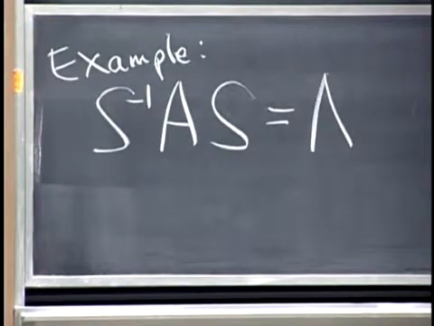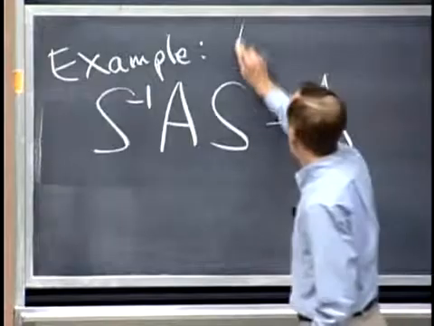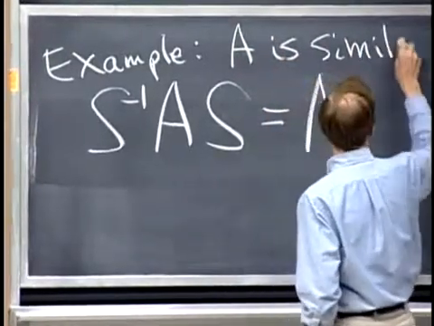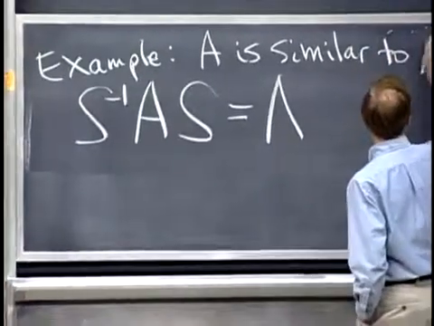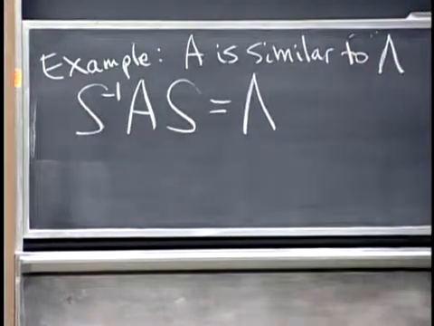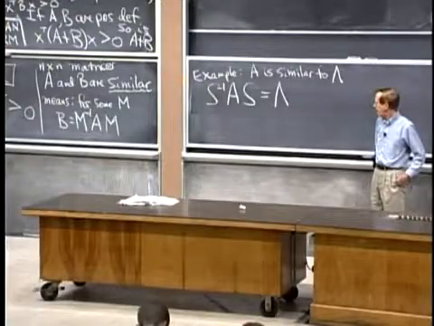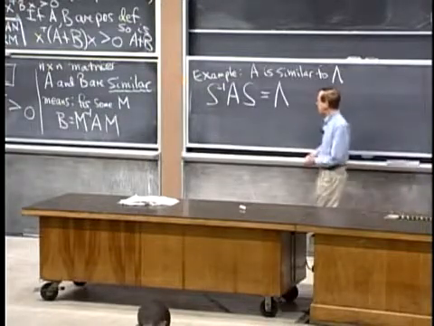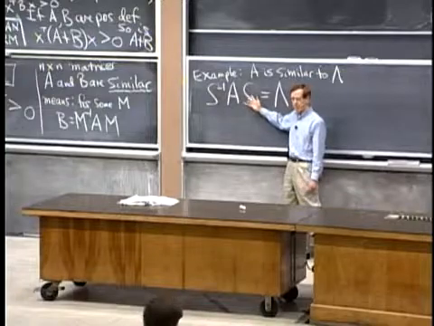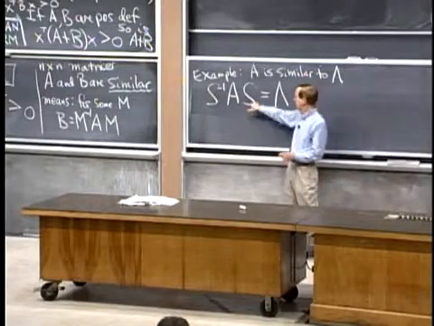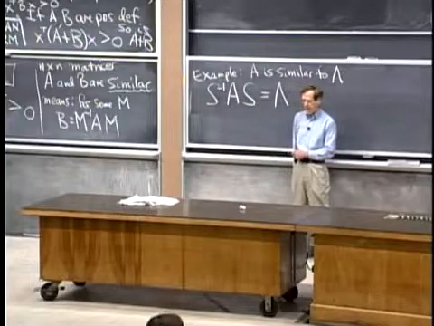So in our new language, this is saying A is similar to lambda, because there is an M, and this particular M is this important guy, the eigenvector matrix.